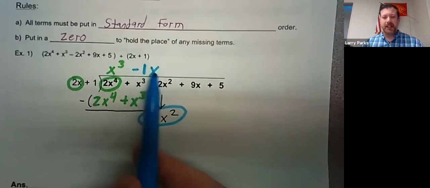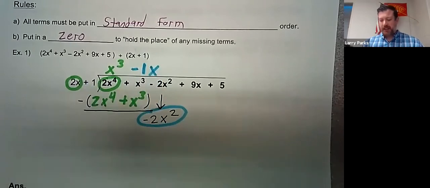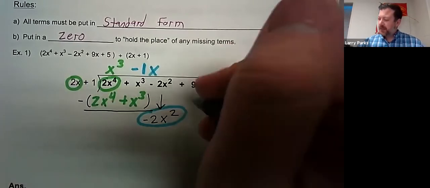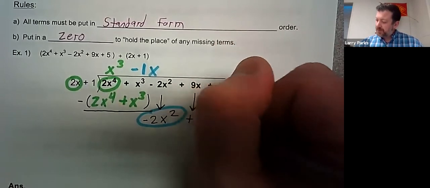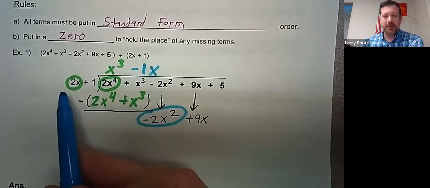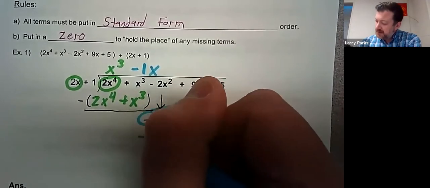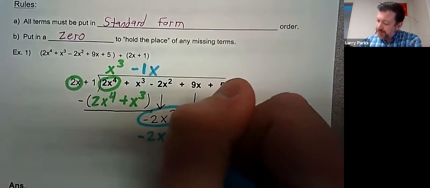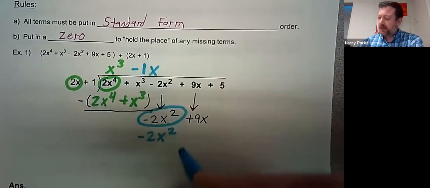And then I'm going to take -1x times 2x, -1x times 1. And because 2 terms canceled, I need to bring down my next term. We're going to go -1x times 2x, and that is -2x squared. -1x times 1 is -1x.